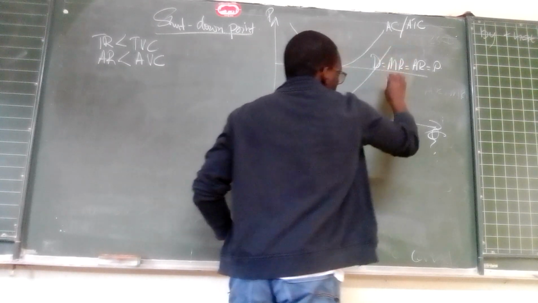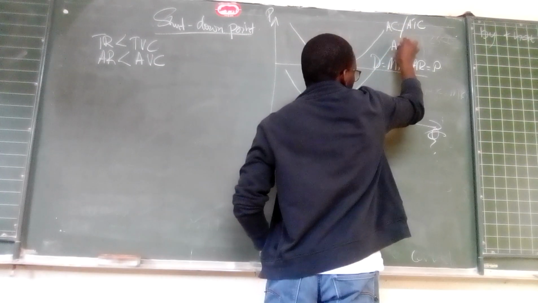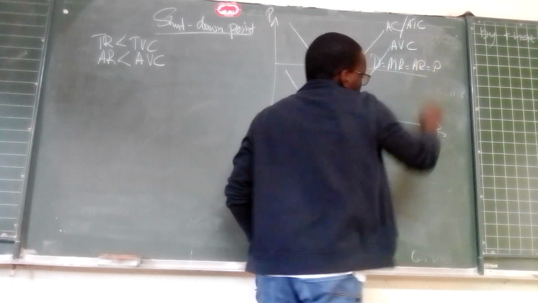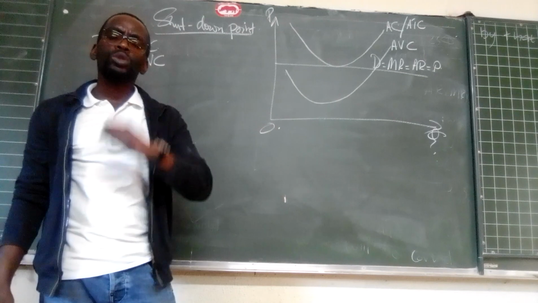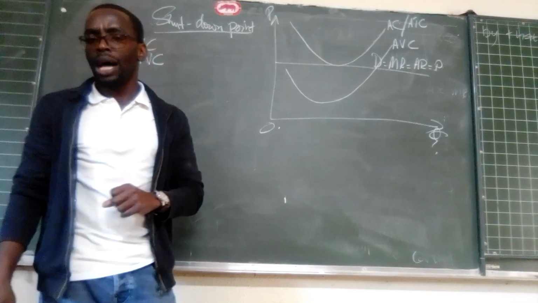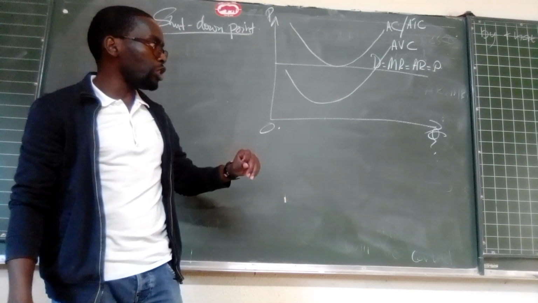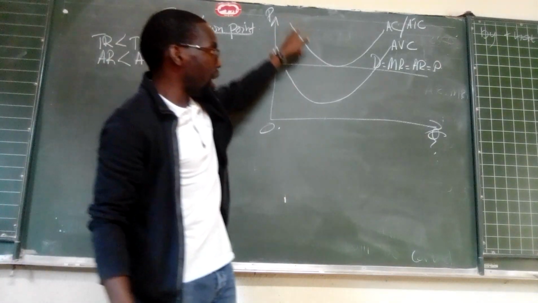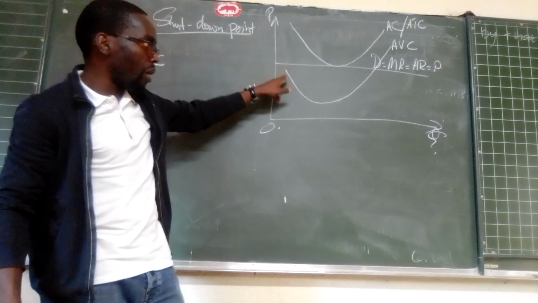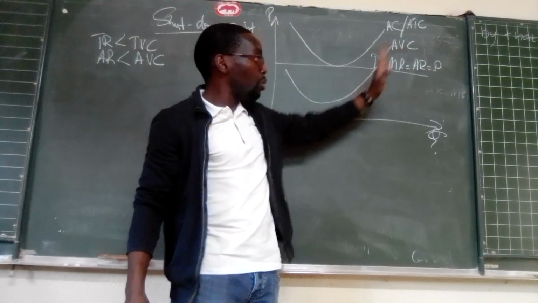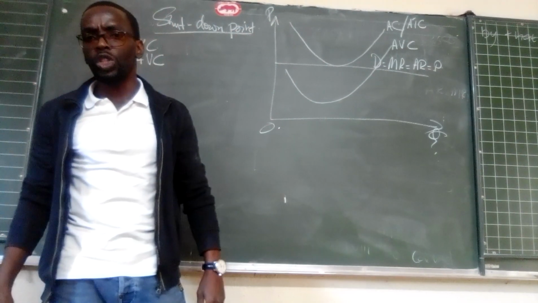In other words, it lies lower than our average total cost, and this one is our average variable cost. Just going back a little bit to our perfect market, we have here our average total cost, which is our AC curve, and then we have our average variable cost, which we have just drawn there.